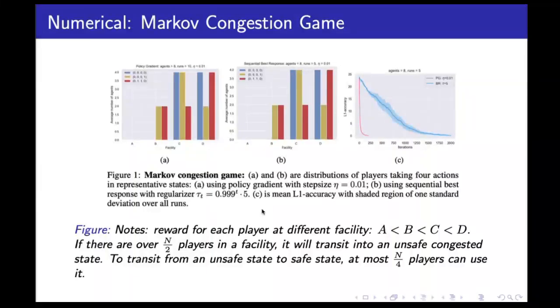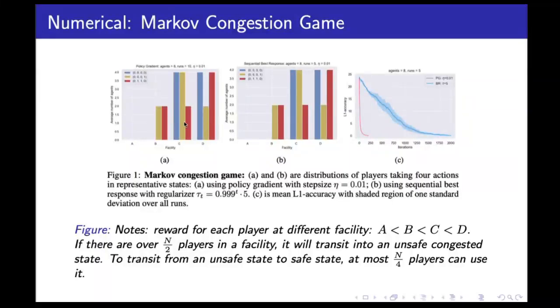If we focus on this, it gives you the number of players in each facility under the current state. For example, the yellow one means that A, B, C are still normal, but D is in a very bad state. In that case, even though D will give you a high reward, there will be only 2 players in that state to allow the facility to transit into a normal one.